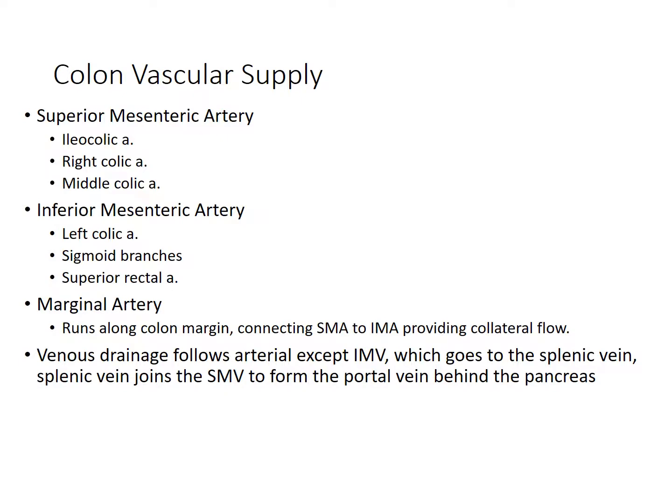So colon vascular supply. You have your SMA, your IMA. Your SMA branches out to your ileocolic, your right colic, your middle colic. And the IMA goes to your left colic, sigmoid branches, and it also supplies the superior rectal.